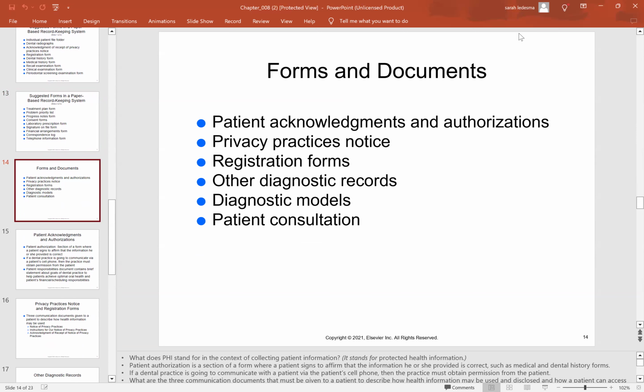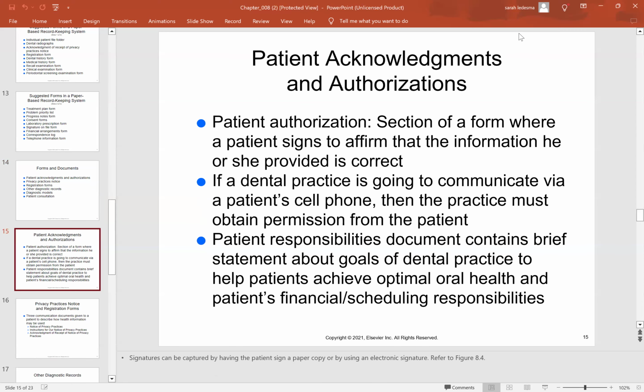Other forms could include patient acknowledgement and authorizations, privacy practice notice, registration forms, other diagnostic records, diagnostic models, and patient consultation. Patient authorization is a section of the form where the patient signs to affirm that the information he or she provided is correct.